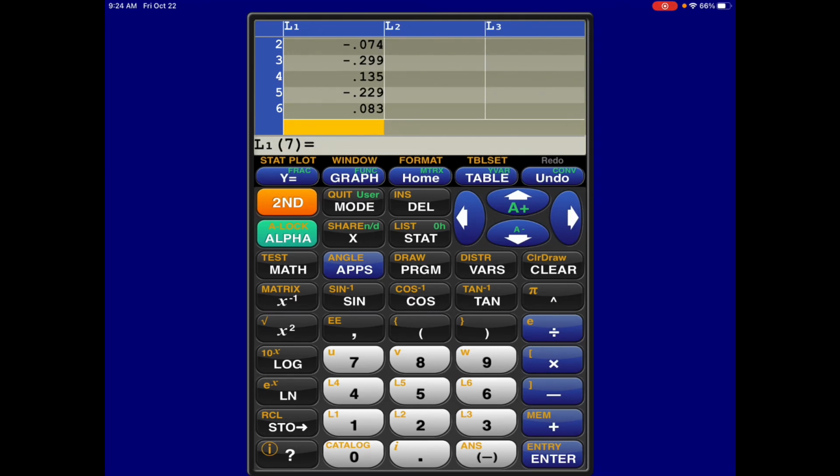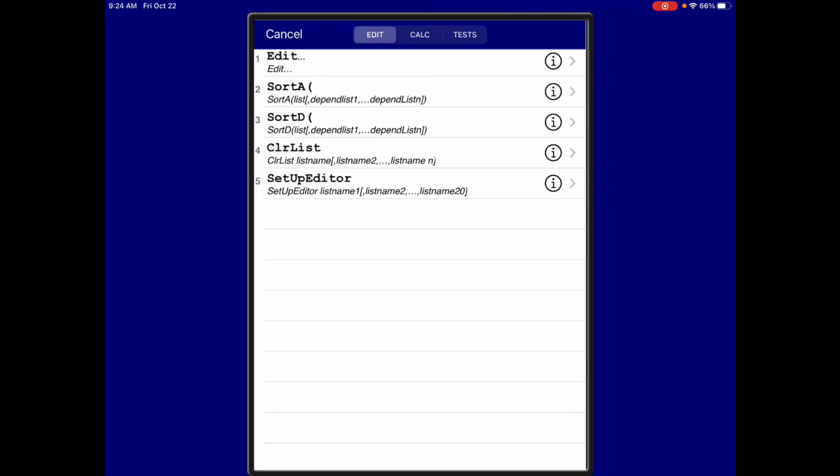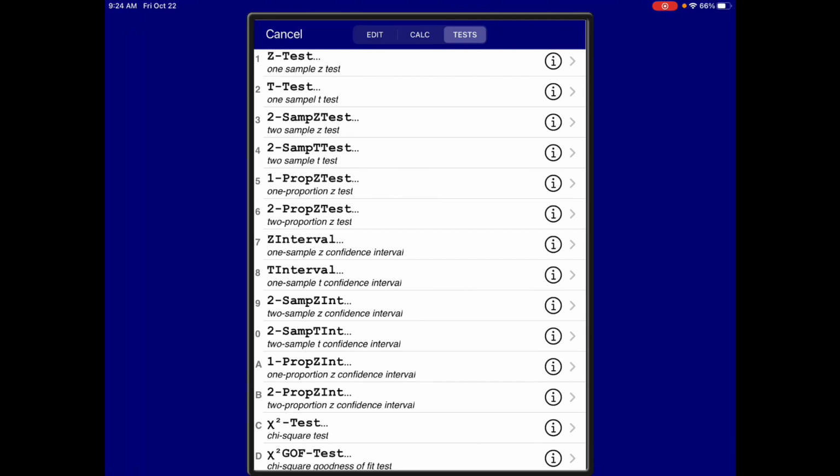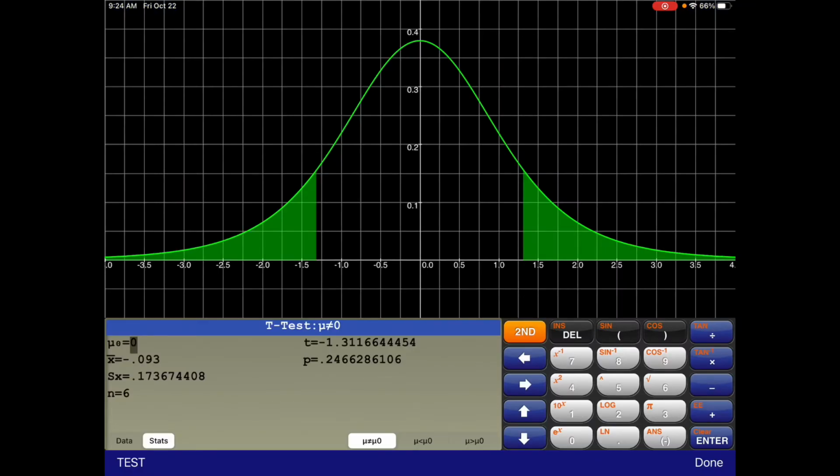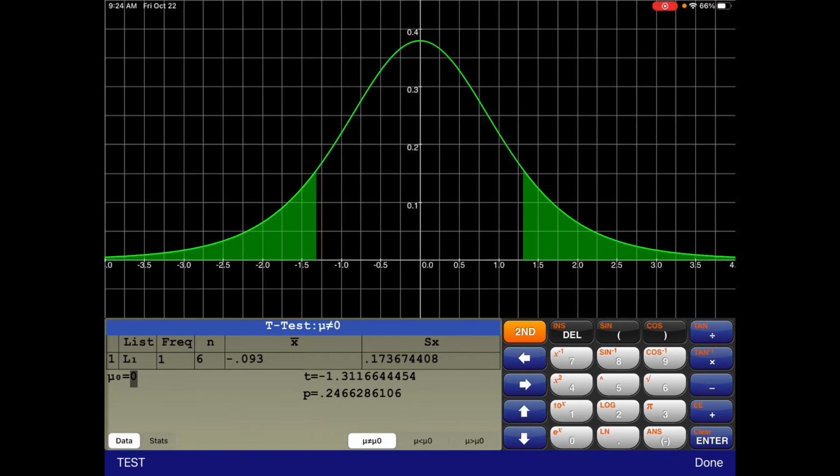The next thing you need to do is go to Stat, go to Test, and this time we're going to use t-test. And then you need to make sure you selected Data, and that L1 is where I put my numbers in list 1. If you put it somewhere else, make sure you label that correctly. And then you also need to set mu not equal to 0, and then select Enter. And then once you have that, you should get a p-value. Make sure you round that correct to 4 decimal places.